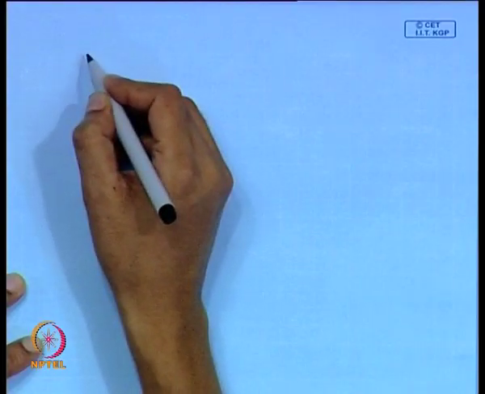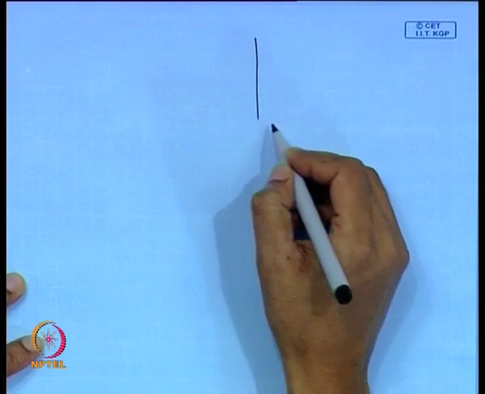Fine. Now, we will modify that figure of the pulse function. Previously, we considered the time duration of b. Now, we will consider the time duration of a.